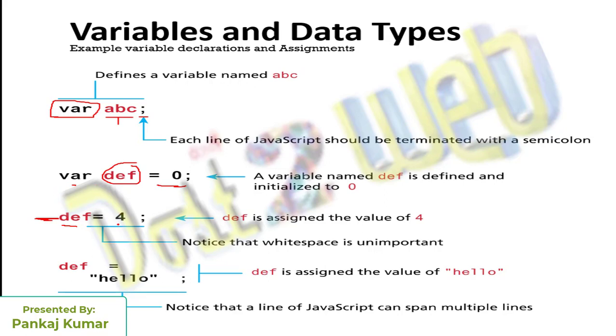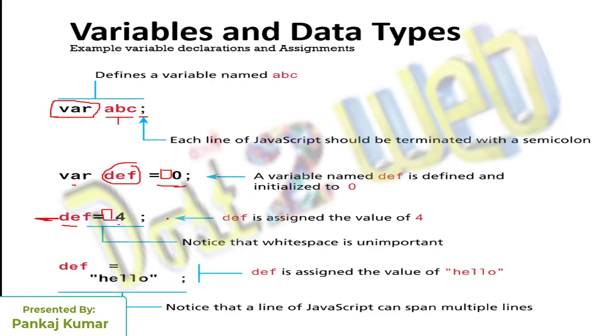Now def is assigned 4. You can notice we have used some white space here, and here also. White space is not important. It will not be taken into account. Even if you give a space of 4, it will still be 4.